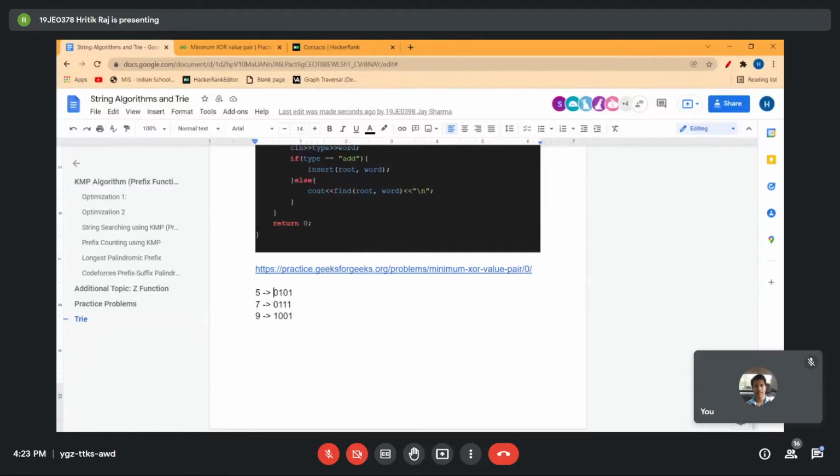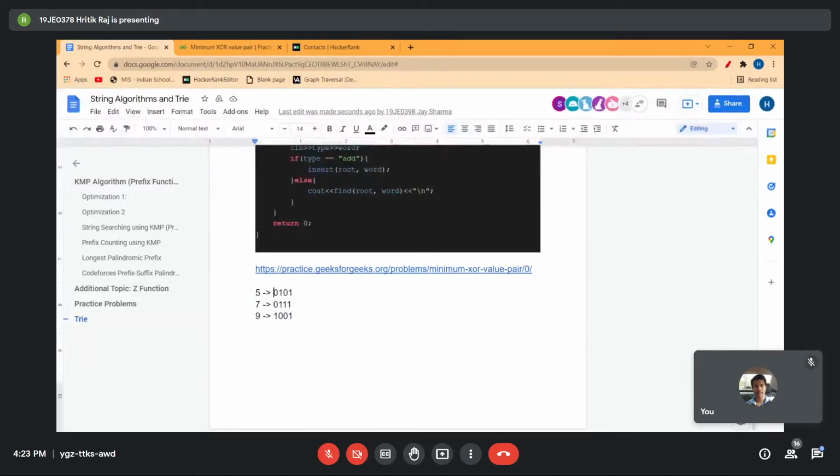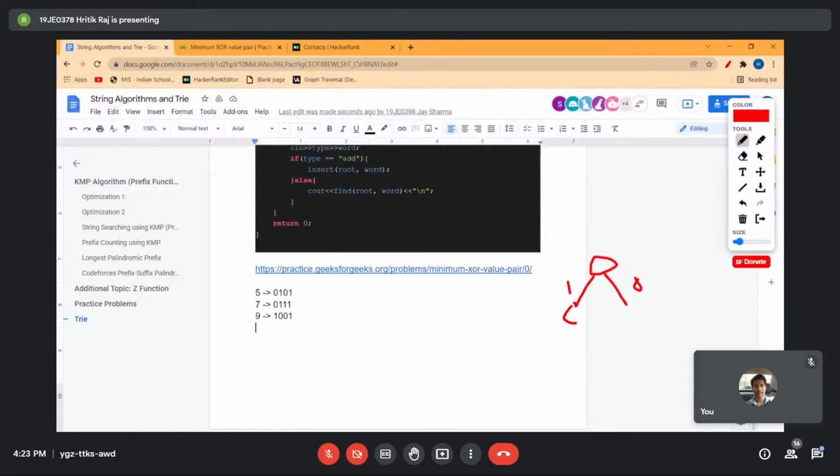This could be represented as strings, and if we form the trie over these strings, then the trie would look like this. There would be one root node, and there would be only two children, 1 and 0. 0 would represent all the strings which started with the 0 bit, and 1 will represent all the strings which start with the 1 bit.